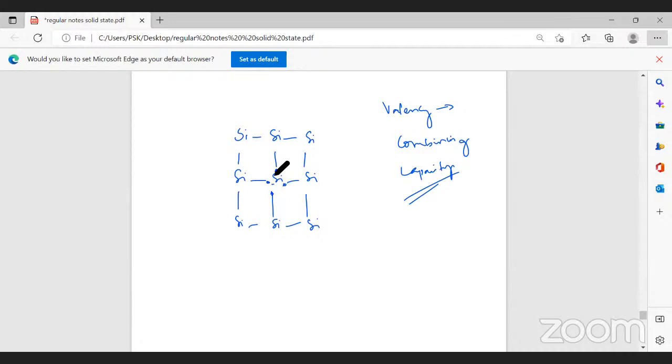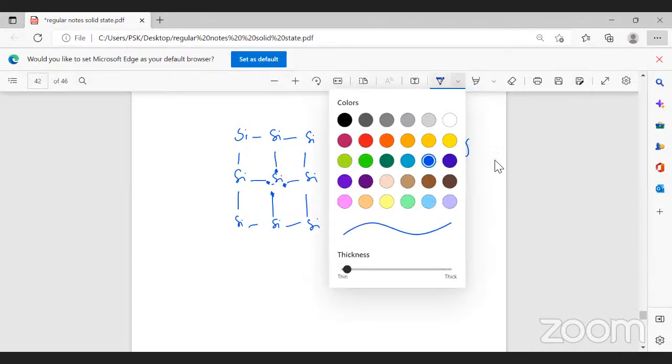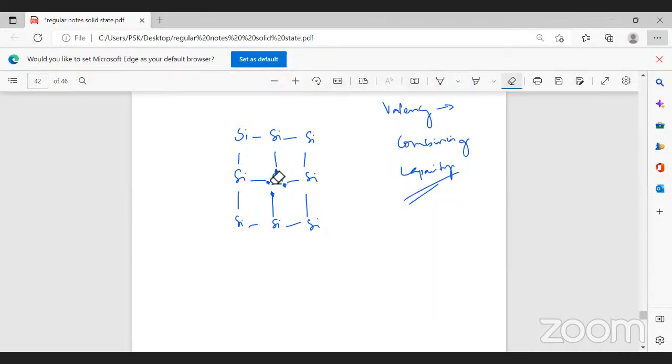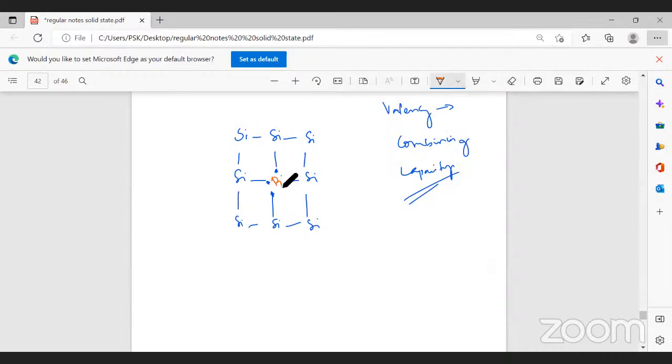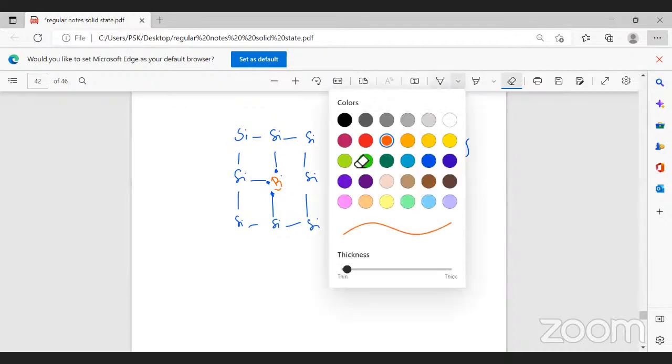See, these are the electrons contributed by silicon. These are the electrons contributed by silicon. Now, when I say p-type semiconductor, if there is an impurity in place of this silicon, a trivalent element like boron is doped. Boron has 3 electrons in the outermost orbit. When I say boron has 3 electrons in the outermost orbit, what happens? 3 bonds are formed.